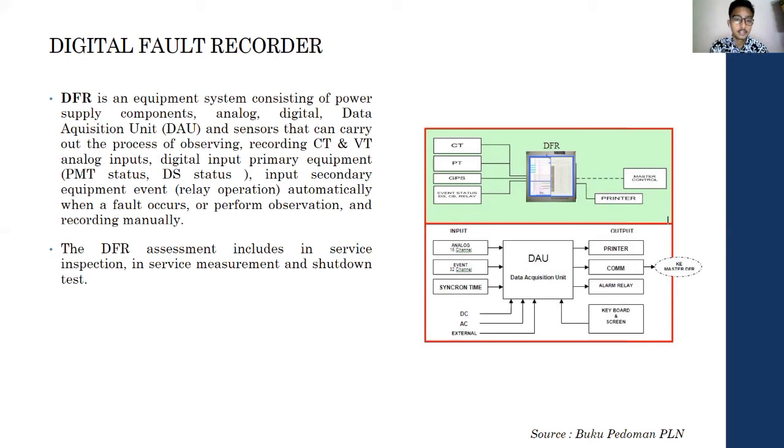The DFR assessment includes in-service inspection, in-service measurement, and shutdown test.